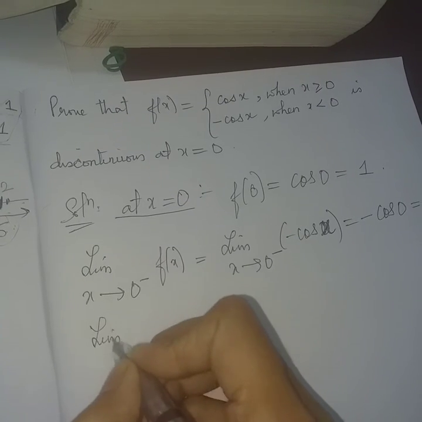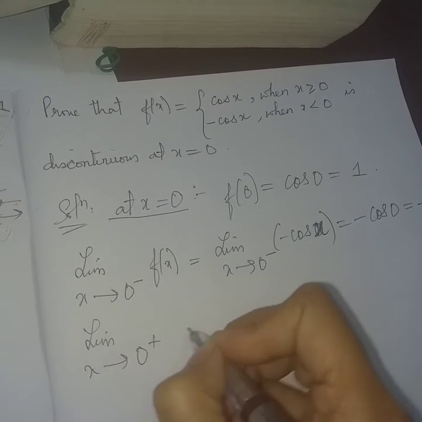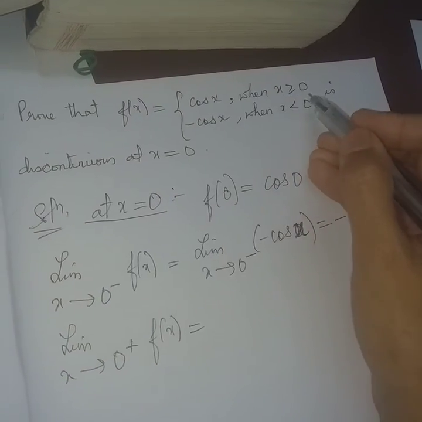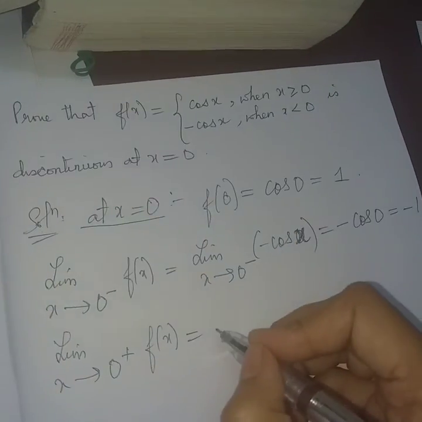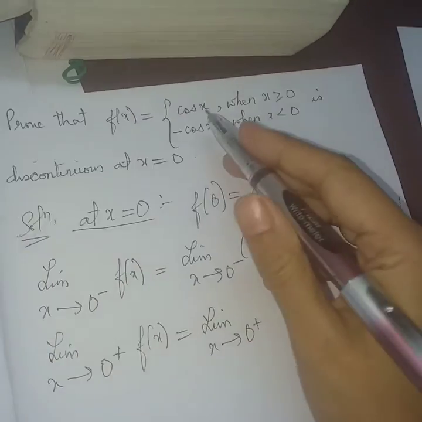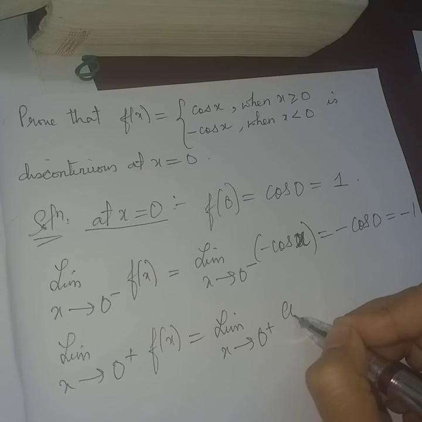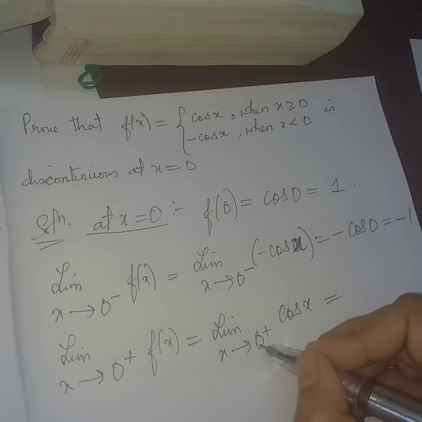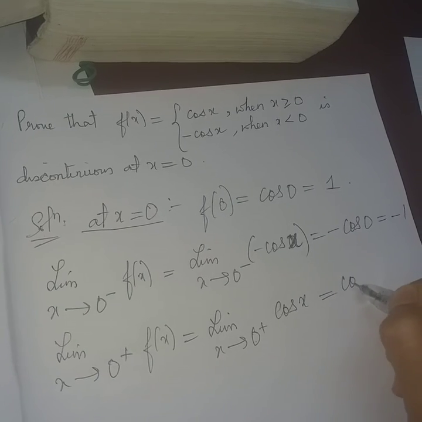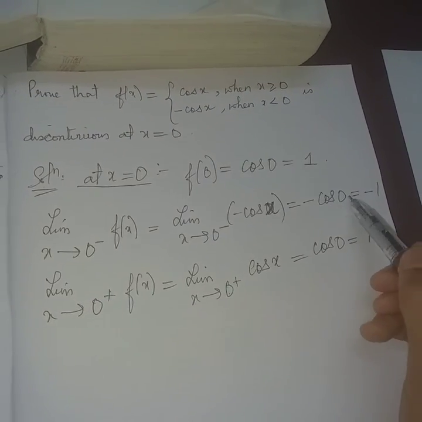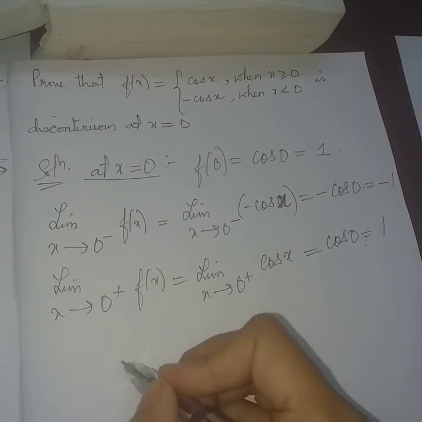Now the limit as x tends to 0 plus, that means for a point slightly greater than 0, x greater than 0, the function will be cos x. So if you put the value of x to be 0, cos 0 is 1. So we see that the left hand limit and the right hand limit are not equal.